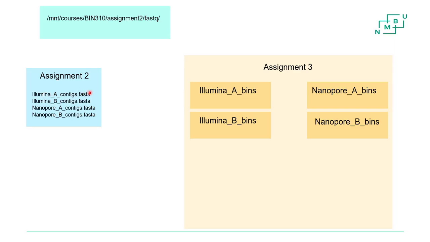Reading this FASTA file, computing the length of each sequence, keeping only sequences of length 1000 or more, and save it here. Write FASTA out to this folder, right? And then you do exactly the same for this one, put in here, the same for this one, put in here, and the same for this one, put in here.